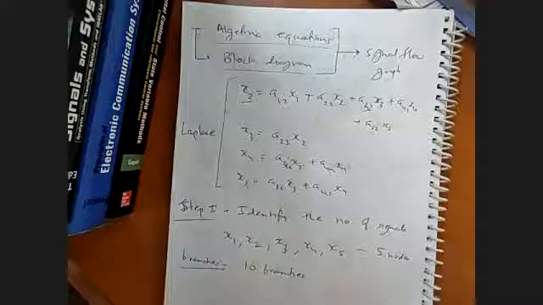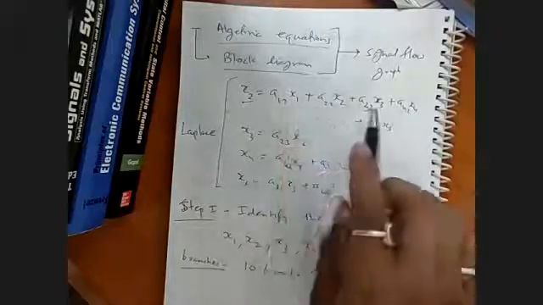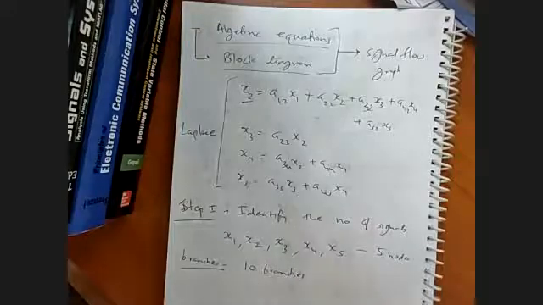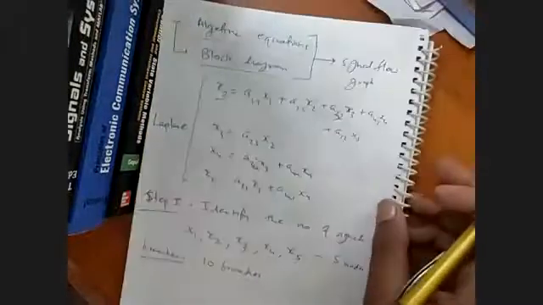The number of branches is simply the number of terms present in the equation. So this is 1, 2, 3, 4, 5, 6, 7, 8, 9, 10. So we have 10 branches in this system.